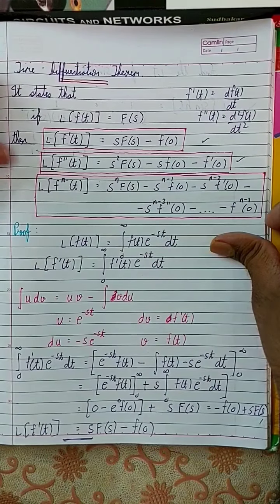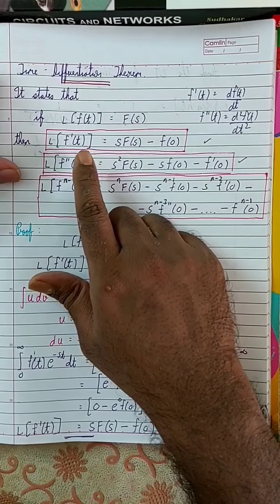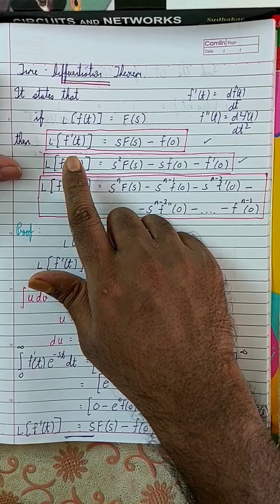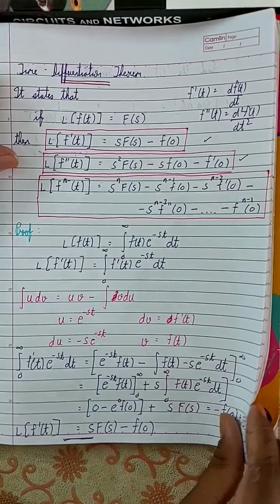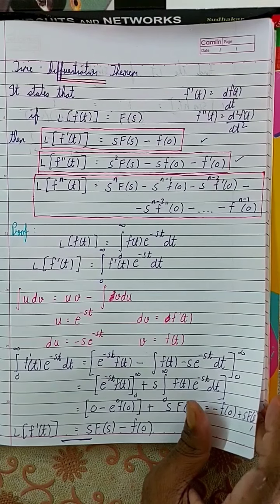So this property applies any time your function signal is being differentiated with respect to t. Let's do a simple question based on this.